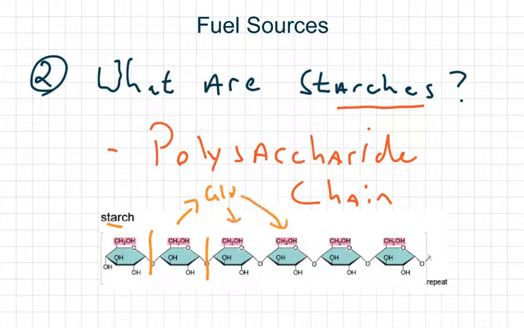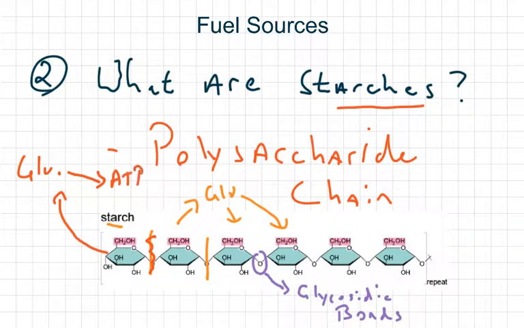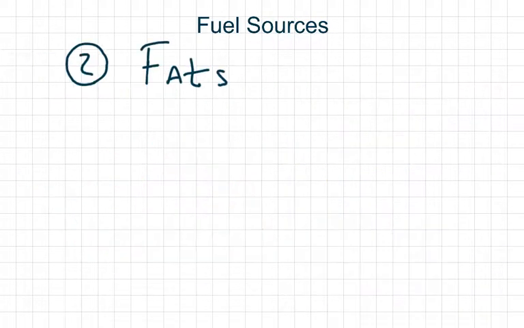And each one of these glucose molecules are bonded together with glycosidic bonds. And so what happens if we cleave one of these glycosidic bonds, you release one of these glucose molecules to be free to enter the energy pathways to create ATP. And what makes starch such a powerful carbohydrate fuel is these polysaccharide chains can be up to thousands of units long.